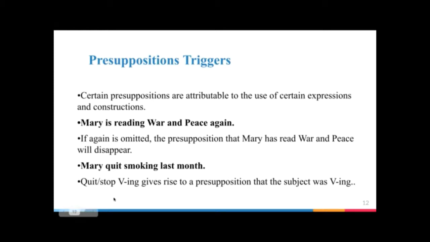And then another one, when we have quit and stop and the verb with ing, this gives rise to a presupposition that the subject was doing this in the past. Like we have here, Mary quit smoking last month. So if she quit smoking last month, we presuppose that she used to smoke before that.